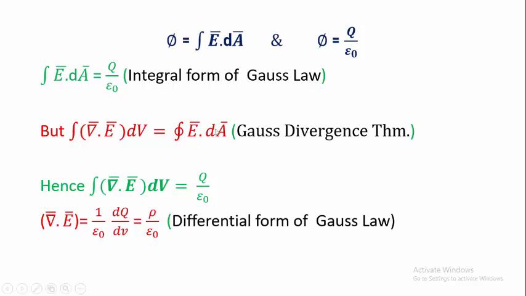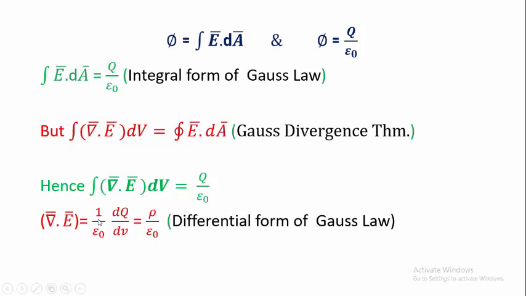So for E bar dot dA bar in this integral form, we can write the left hand side. So this E bar dot dA bar is replaced by this. So this equation becomes integral del dot E bar dV is equal to right hand side Q upon epsilon 0. If we differentiate both sides, the integral goes away and dV is taken on right hand side.